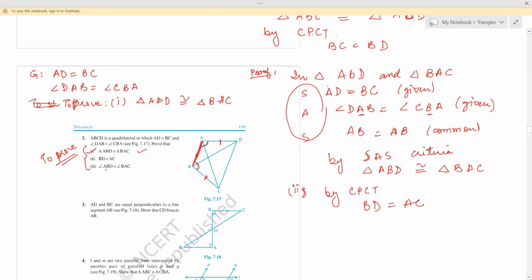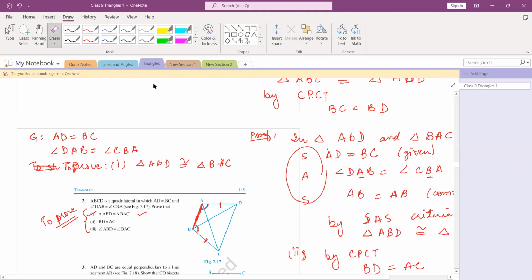And we have to show that angle ABD. Now, which is angle ABD? Okay, let me just clear the figure a bit. Look here. Which is angle ABD? A, B, and D, I mean this angle. BAC, so this angle.